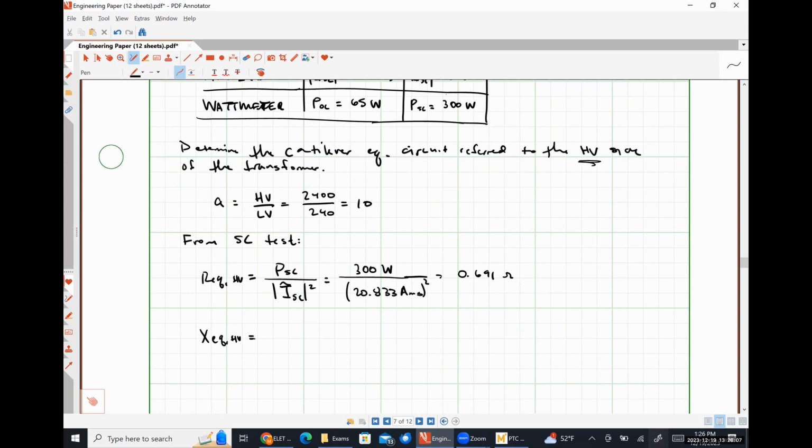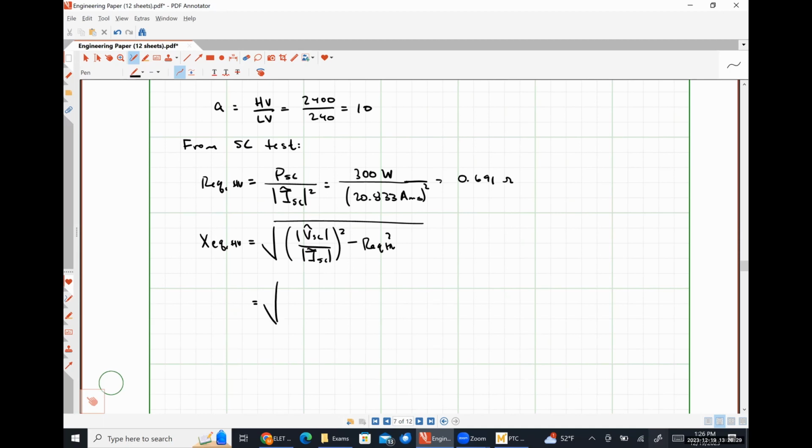And XEQ on the high voltage side is the square root of the magnitude of the short circuit voltage divided by the magnitude of the short circuit current, quantity squared, minus the resistance squared.